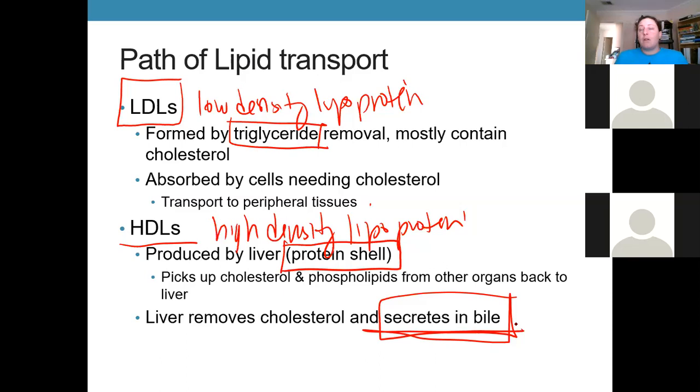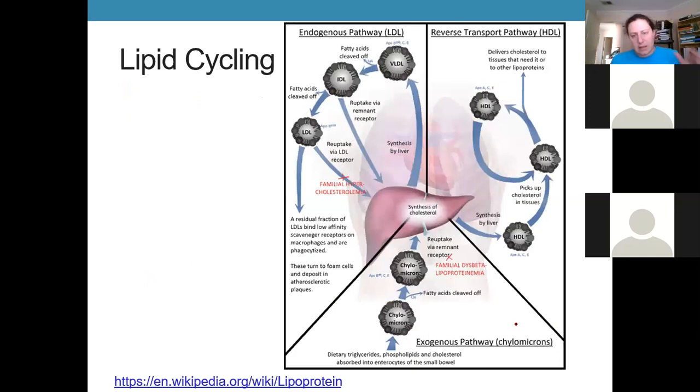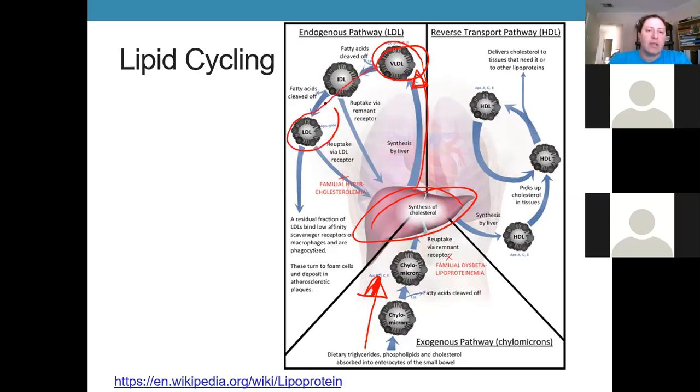So all of this leads then to what we do with them. This was the best diagram I could find for this. It's really hard to find a nice, simple one that also makes sense, unfortunately. So I tried. But basically what we're seeing is like my cells from the digestive system, and they go to the liver, and then the liver sends the VLDLs out, and then as the fatty acids are removed, we get the LDLs.